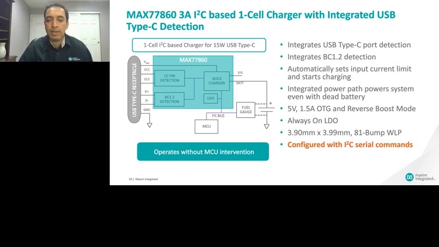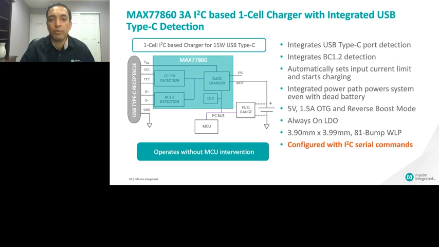For example, you may have a system which requires one battery termination voltage under certain conditions, but as the system ages, you may want to reduce the termination voltage for the battery. So with the I2C functionality, you have full configurability over the lifetime of the product.